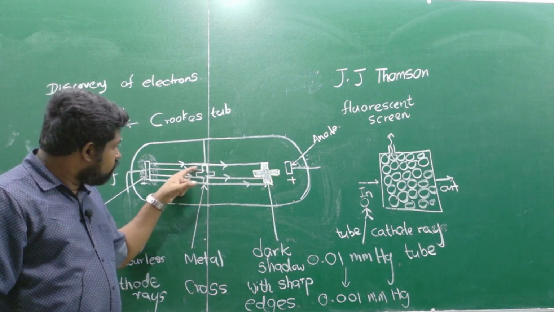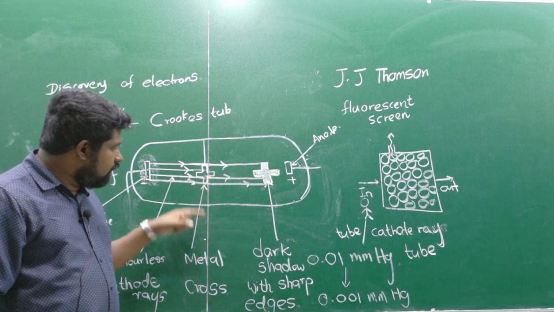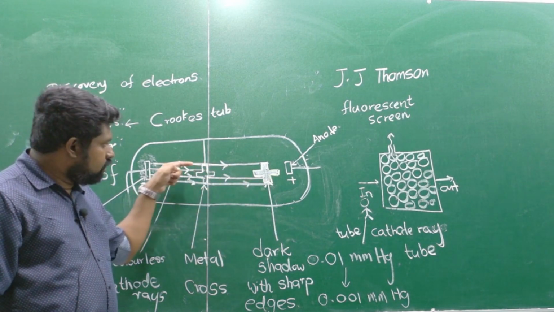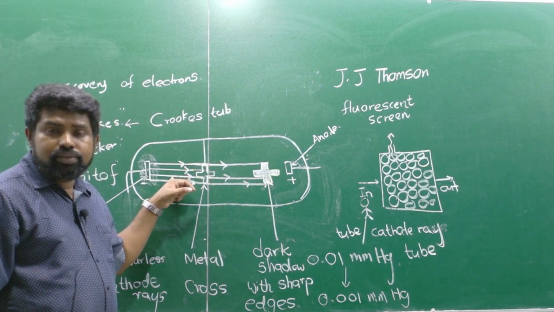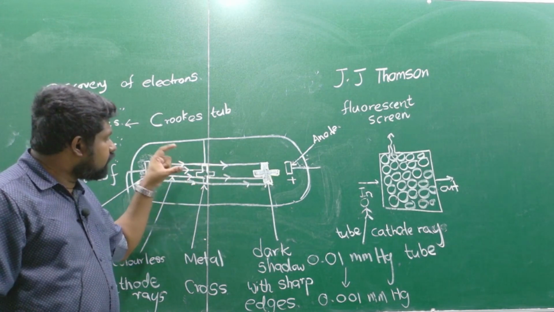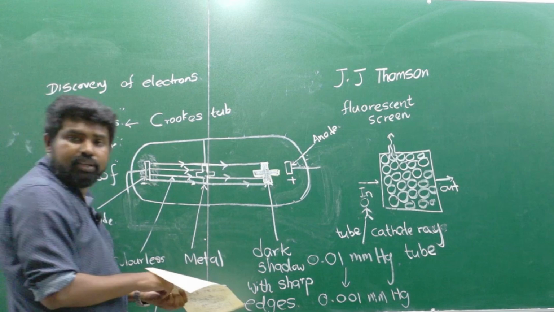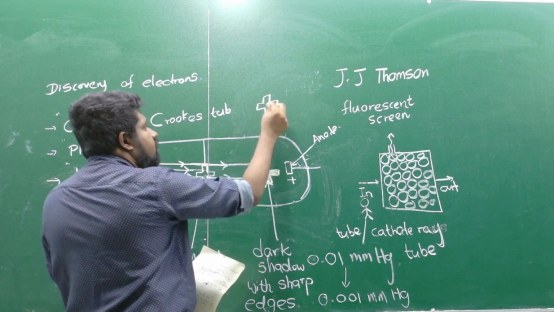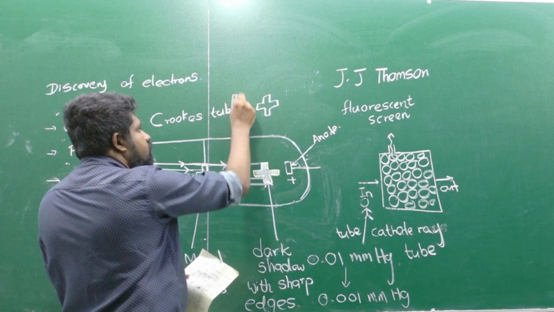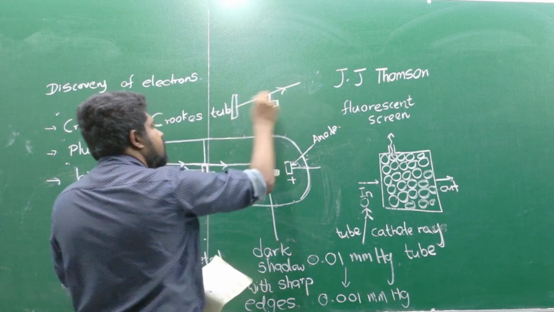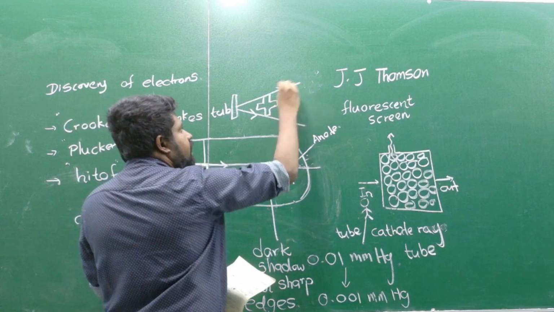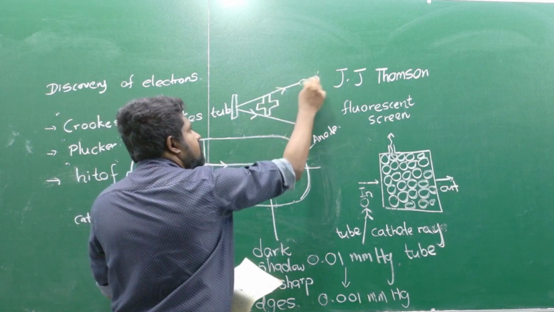So the edge around the metal cross seems sharp due to the movement of the cathode rays in straight lines. If the cathode rays moved in different directions, not in a straight line, like this, we would see just some blur.